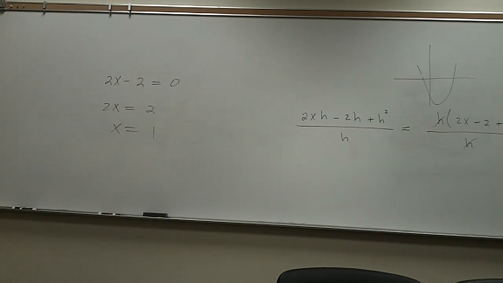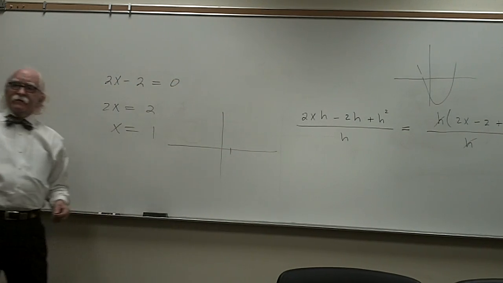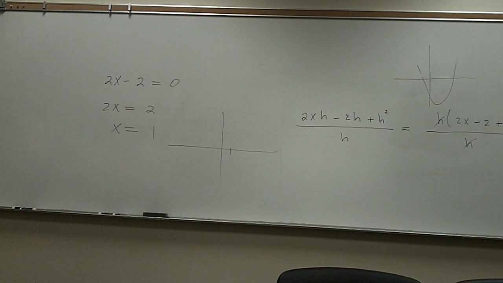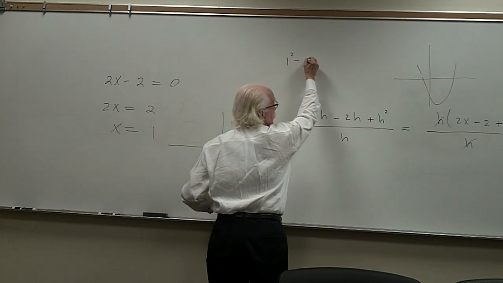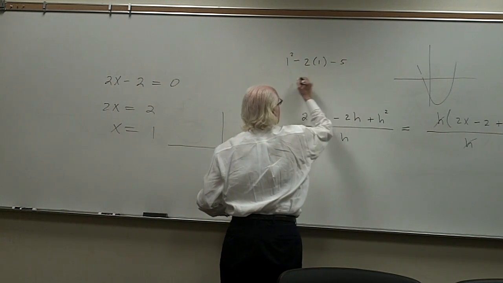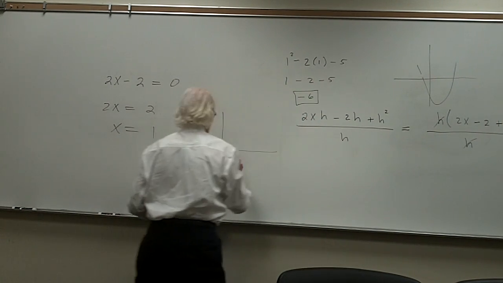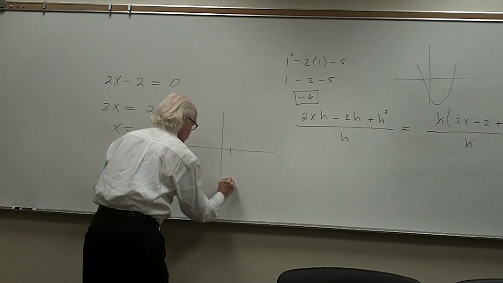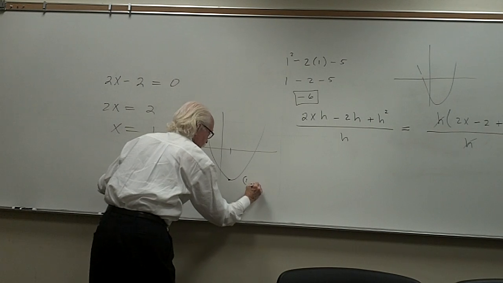If the slope is 2x minus 2, then if I set it equal to 0, x is 1. Then I can plug that 1 back into my equation, and I get that point is 1, negative 6.